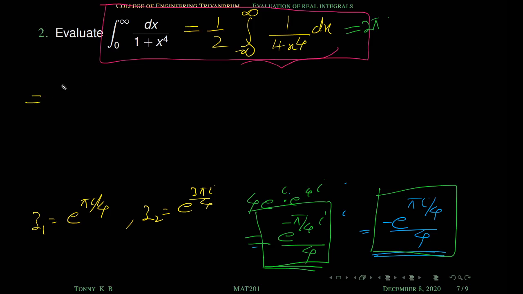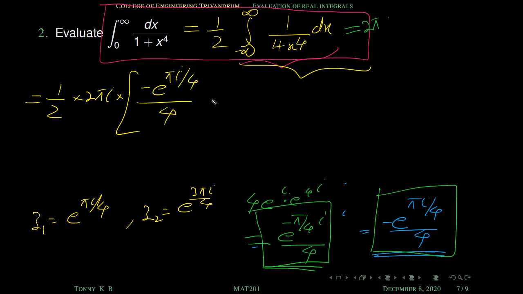So this is equal to 1 by 2, and this portion becomes 2 pi I into the sum of the residues for the poles belonging to the upper half plane. So these are the residues corresponding to poles belonging to the upper half plane. This is the first residue, minus e raised to pi I by 4 by 4, plus e raised to minus pi I by 4 by 4.